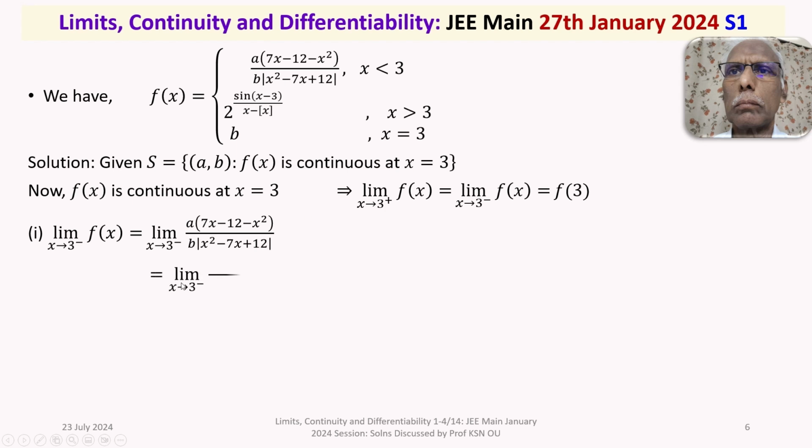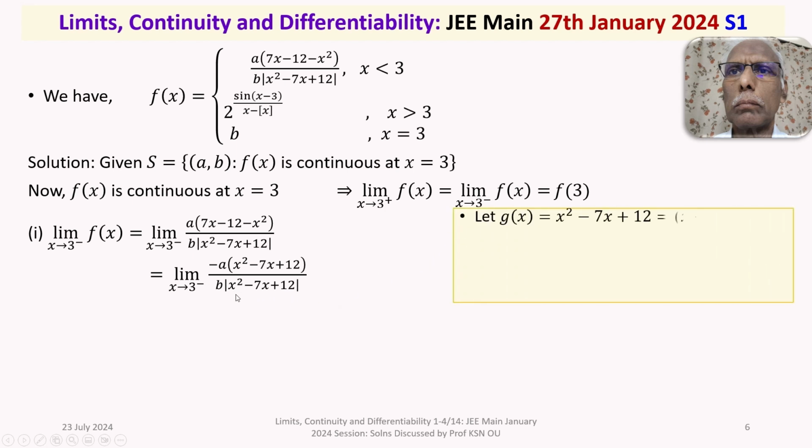Now, in the numerator, we have taken a minus common, giving minus a into (x square minus 7x plus 12) by b into mod of (x square minus 7x plus 12). Look at this mod.